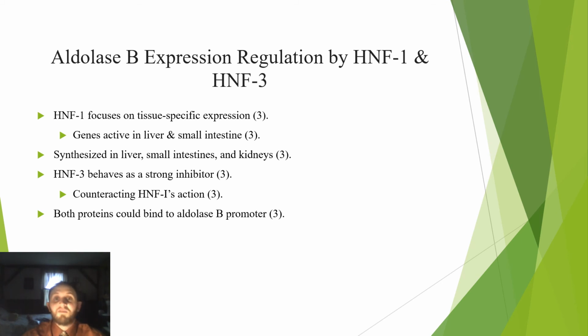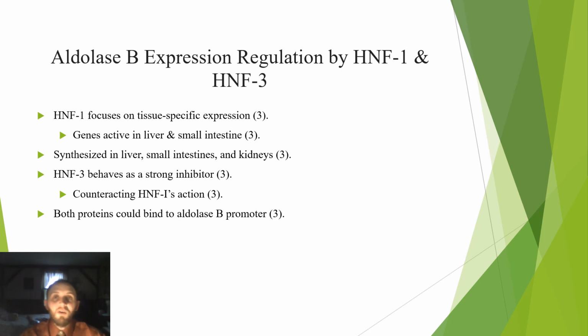HNF1 is synthesized in tissues of endodermal organs, such as the liver, small intestine, the pancreas, and even the kidneys. HNF3 behaves as a strong inhibitor, counteracting competitively the action of HNF1 and non-competitively the action of DBP, which I'll discuss more later.